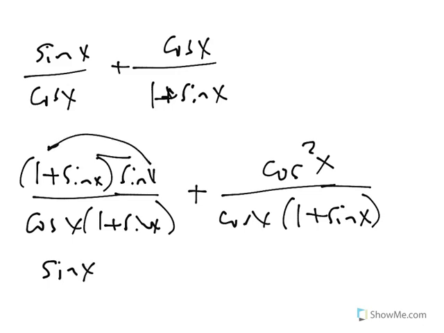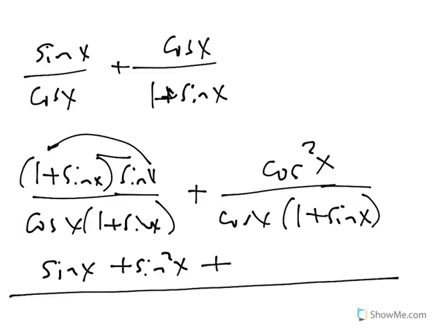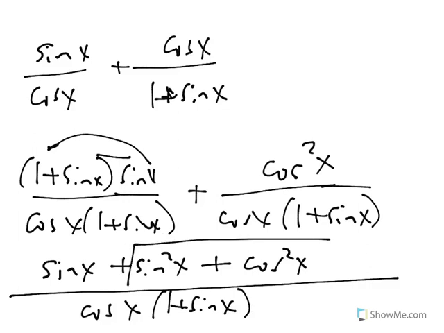Distribute the sine x there. Sine x plus sine squared x plus cosine squared x. And here's a nice thing that happens, which is that this sine squared plus cosine squared x is one of the identities.